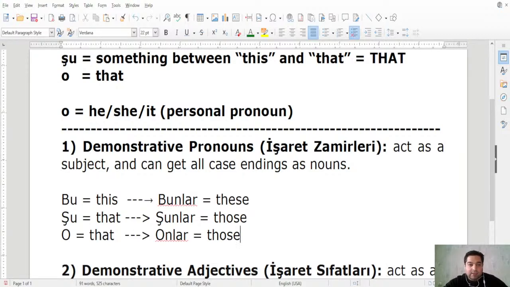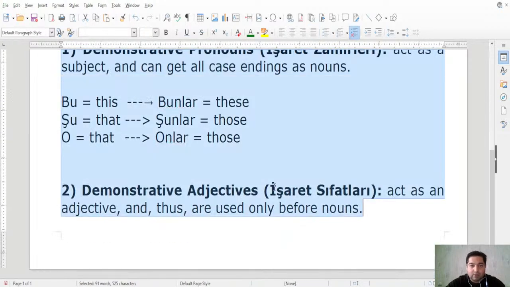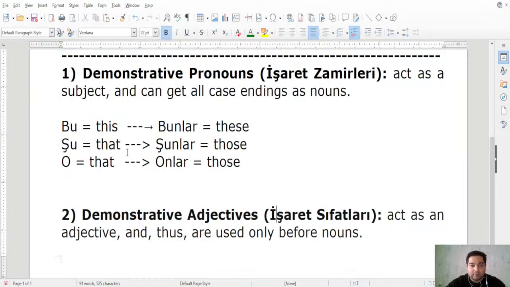So you can say bu güzel. For example, if I ask you which book is nicer, okay? You can say bu daha güzel, okay? Let's go with examples. What is this?